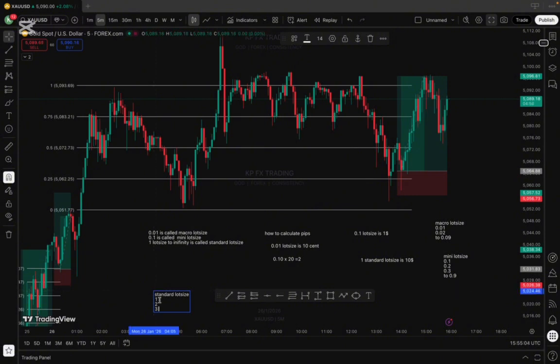So this standard lot size, one lot size is $10. Two lot size is $20, which is any move the market makes. As the market is making that line move, it is printing $20 in a move. And three standard lot size is $30 to infinity.